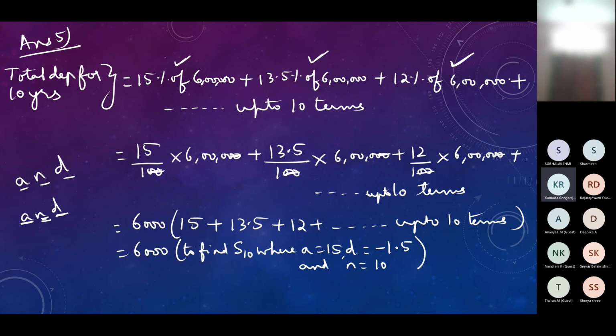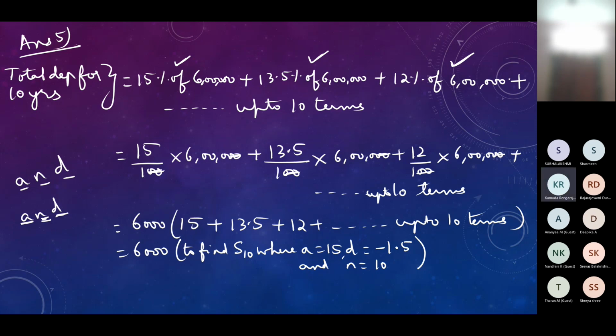So what you're finding is the depreciation for the individual years, first year, second year, third year. Then you'll have to add everything. Why are we adding? Because you should find the total depreciation for 10 years. So that's what we said, 10 terms. And then we took out 6,000 common. We get 15, 13.5, 12 up to 10 terms in the bracket.